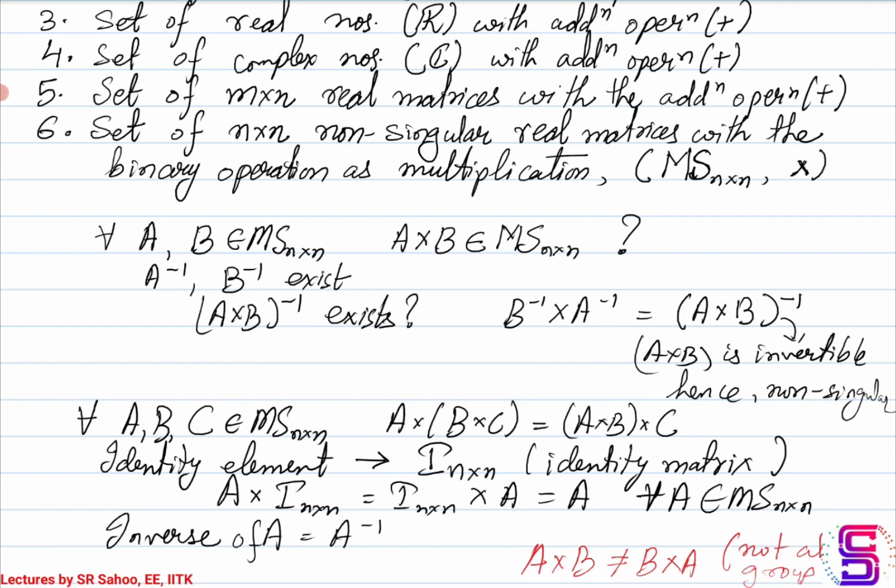So commutation between matrices under matrix multiplication is in general not true, and hence this set of n cross n non-singular real matrices under matrix multiplication is not an abelian group. Okay, so the last example that we just discussed is essentially a group under the said binary operation, but it is not an abelian group. I suggest that you try to find other sets that form groups and add to this example.